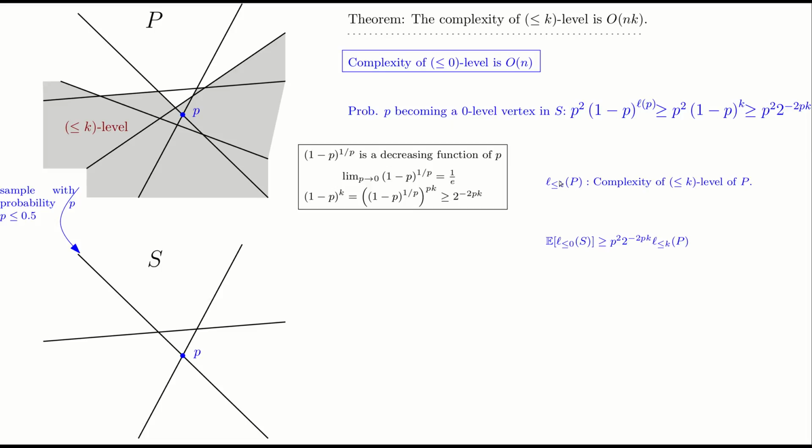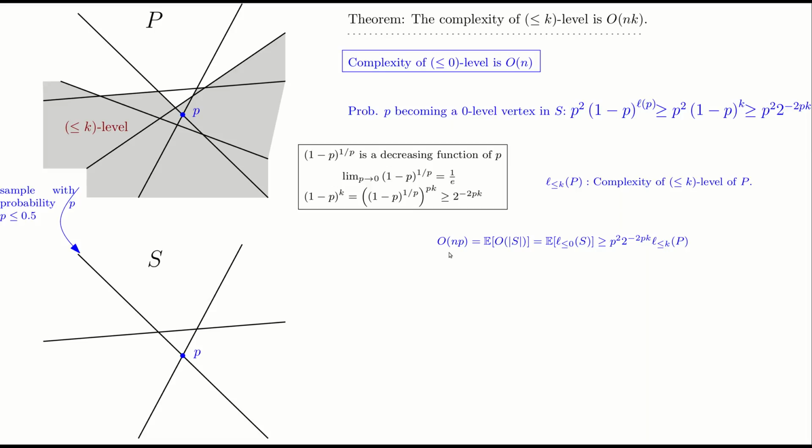Since the probability of a vertex in the less than or equal k level becoming a 0 level vertex is at least this much, it follows that the expected number of 0 level vertices of S is at least this probability times the number of less than or equal k level vertices of P. However, from the fact that we showed at the beginning of this proof, we know that the number of zero-level vertices of S is roughly proportional to the size of S. So this expectation is proportional to the number of lines in S. However, since we sample each line with probability p, the expected number of lines in S is n times p. So therefore, this expectation equals O of n times p.